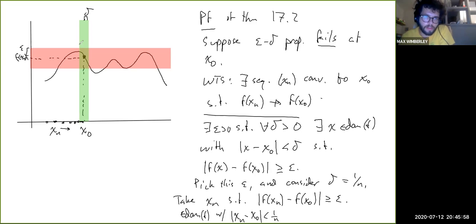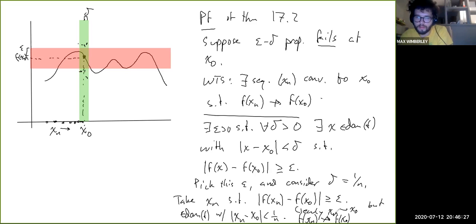So we're basically picking these points getting closer and closer to x naught, but the values keep staying outside of this band, right? So then clearly xn converges to x naught, but f of xn does not converge to f of x naught.